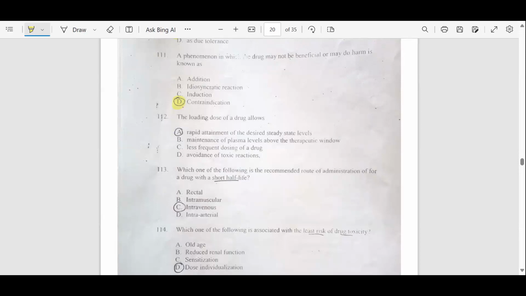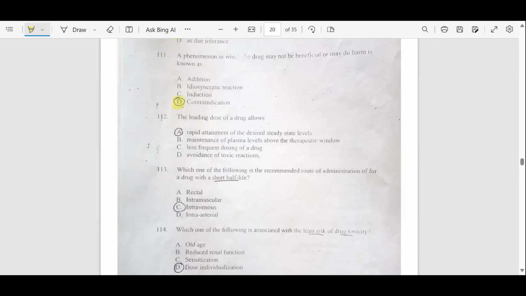So 112, the loading dose of a drug allows: choice A, rapid attainment of the desired steady state levels. Choice B, maintenance of plasma levels above the therapeutic window. Choice C, less frequent dosing of a drug. Choice D, avoidance of toxic reactions.